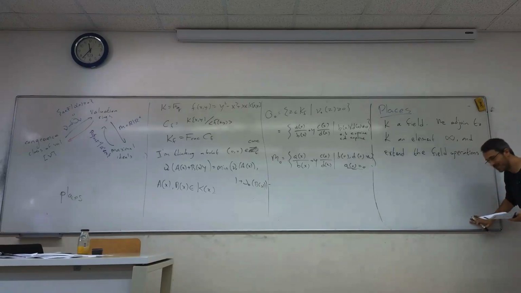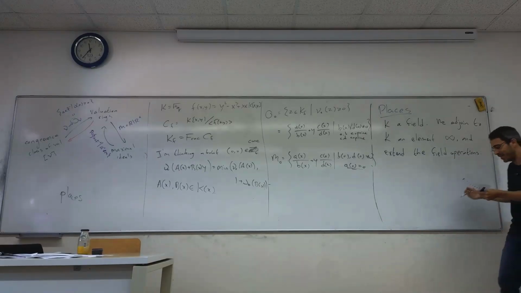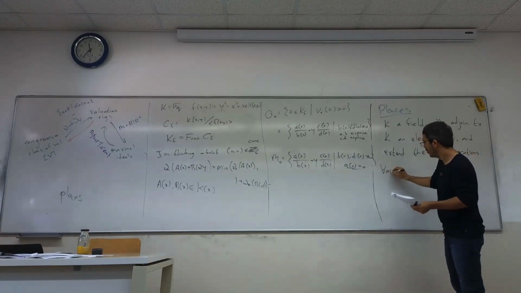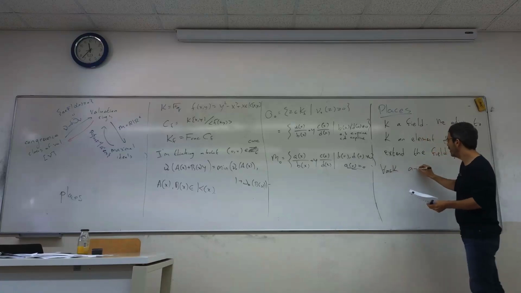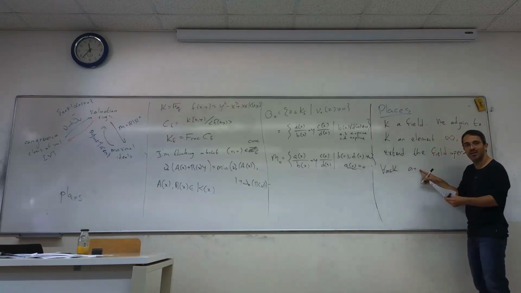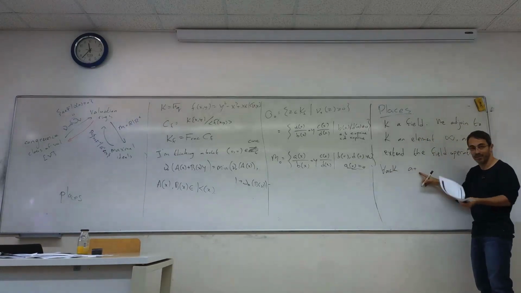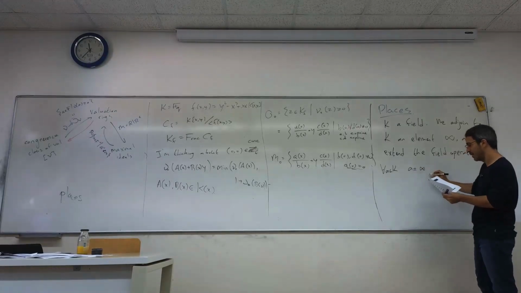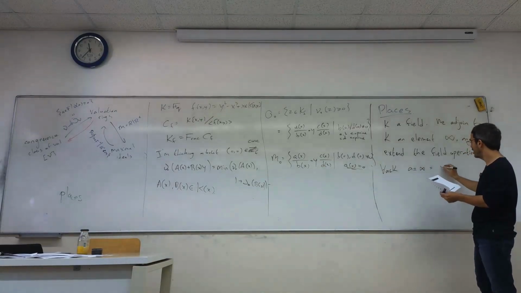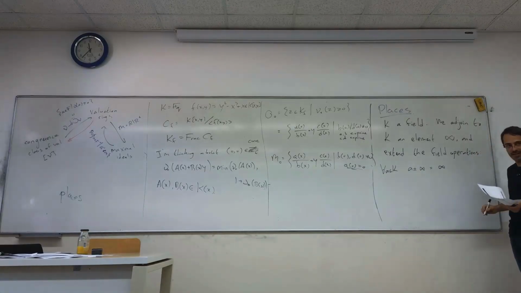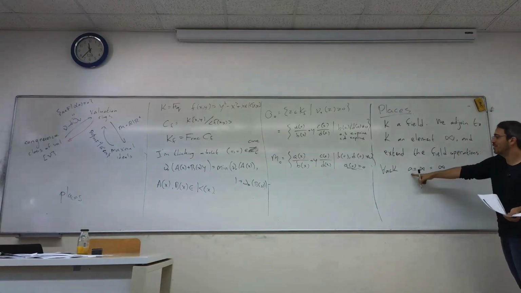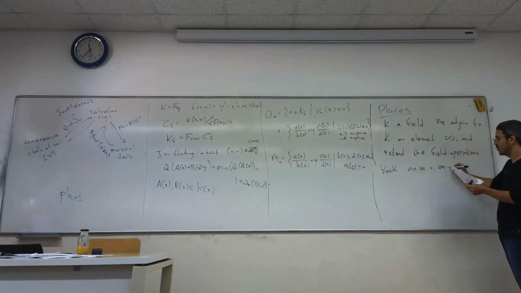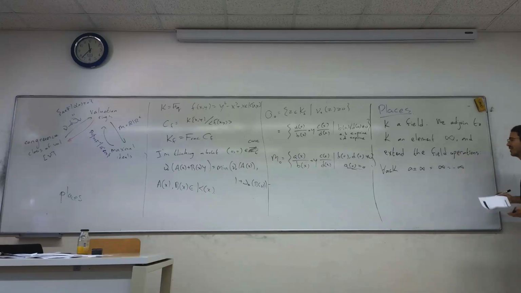So for every element a in the field, I want to add a new symbol and add, subtract, multiply and divide by it. When I add or subtract an element in the field with infinity, I get infinity. It's like undefined plus defined is undefined.